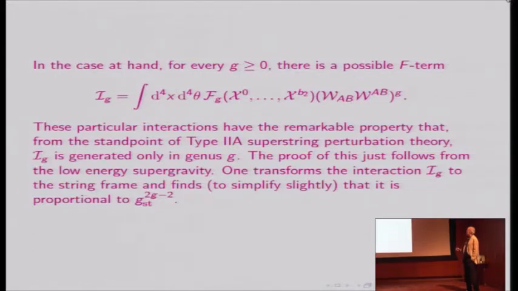I've written this formula in the Einstein frame. To compare to string perturbation theory, you make a Weyl transformation to the string frame, and then you find that this interaction is proportional to a certain power of g_string, and therefore it can only arise at a certain order of perturbation theory. So I_g is completely knowable for every g. All you have to do is integrate over the moduli space of genus g Riemann surfaces.